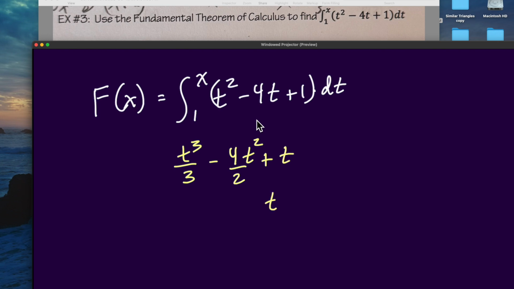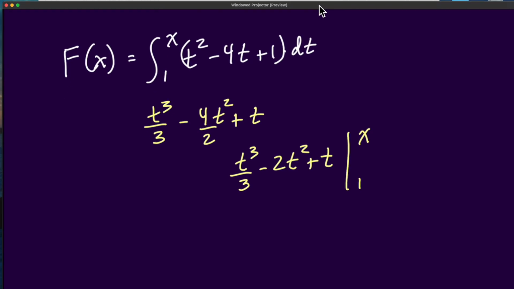Simplifying, we're going to have t cubed over 3 minus 2t squared plus t. So now we're going to evaluate that by plugging in the 1 and the x. When we plug in the x, we're going to have x cubed over 3 minus 2x squared plus x.